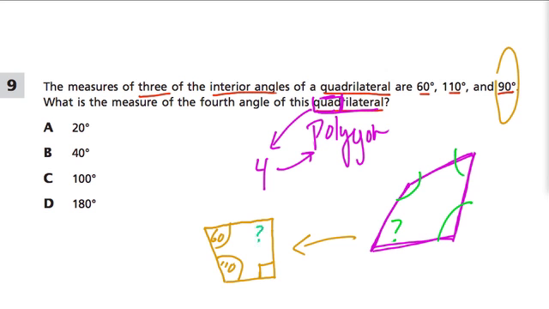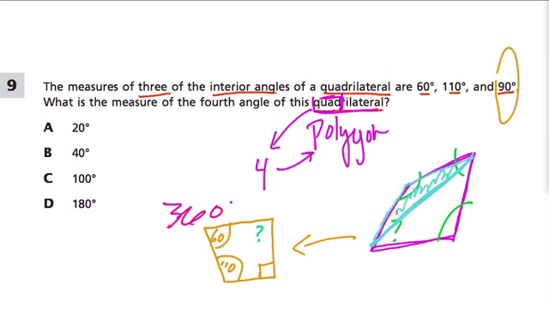Well, one key realization is to either realize or somehow remember that a quadrilateral, and every four-sided polygon, has exactly 360 degrees. That's the key. And the principle behind it, if you're like me and you don't want to just memorize stuff, is that I know about a triangle. We can cut the shape into two triangles. Here's one.